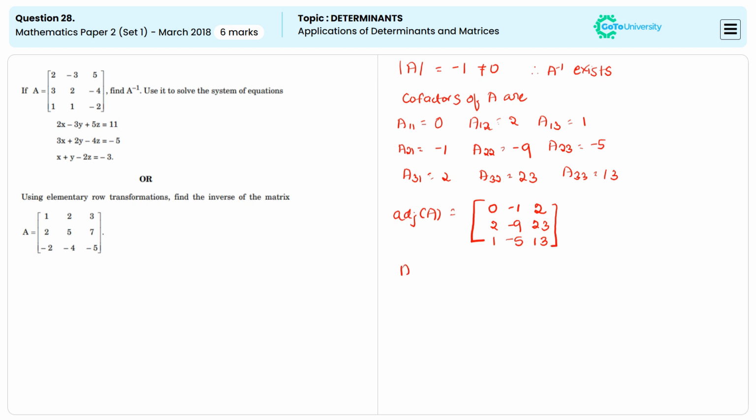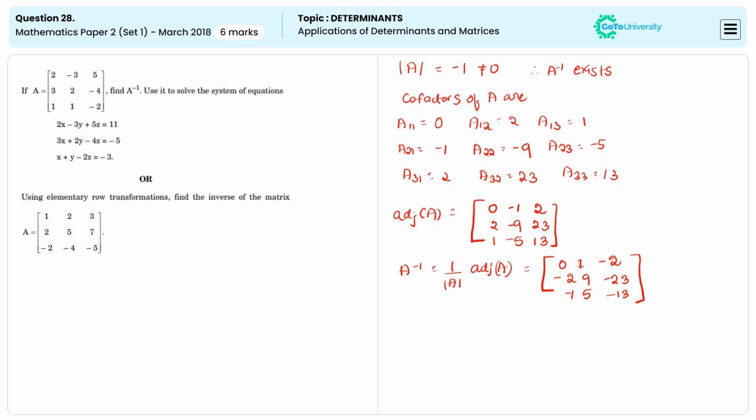Therefore, inverse of this matrix will be given by 1 by determinant of this matrix into adjoint of the matrix, which will be given by, when you divide this entire matrix by minus 1, we know the determinant is minus 1. So we get 0, plus 1, minus 2, minus 2, plus 9, minus 23, and then minus 1, plus 5, and minus 13. So this is the inverse of the matrix.